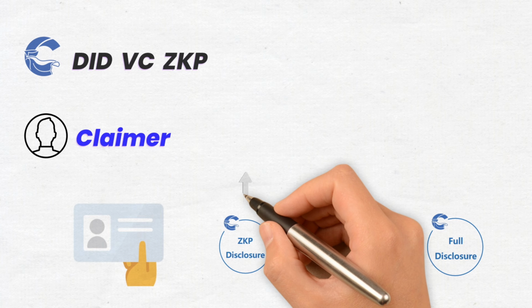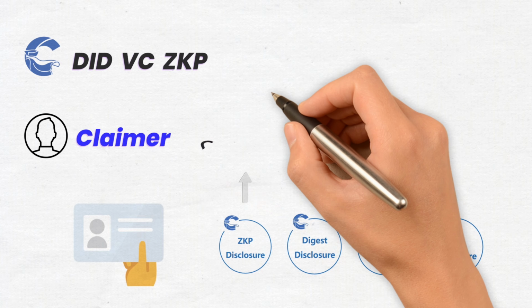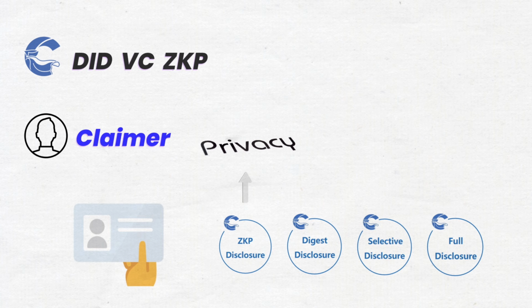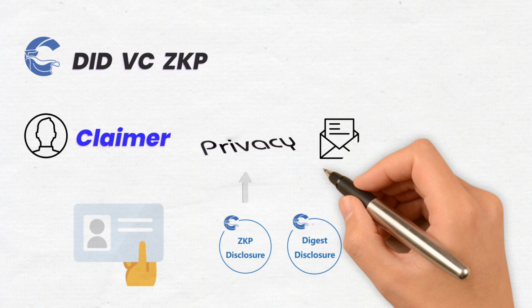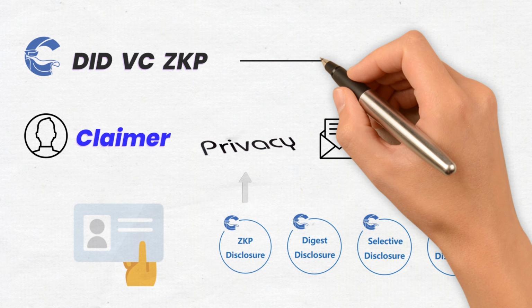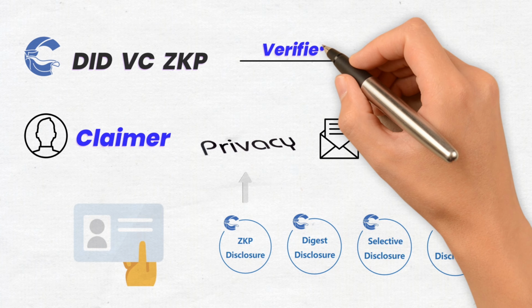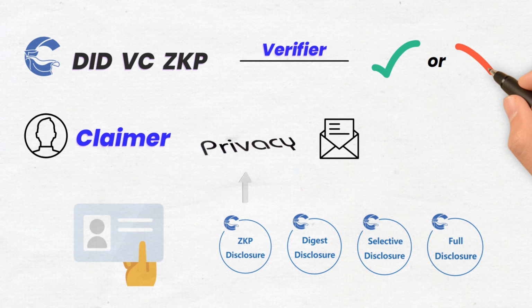In particular, ZKP disclosure, which allows users to present their information on a least necessary basis, can maximize user data privacy by showing only a result of confirming or non-confirming to the verifier. In other words, users can prove their identity attributes without presenting any private information to the public.